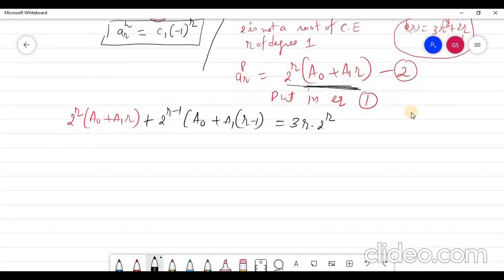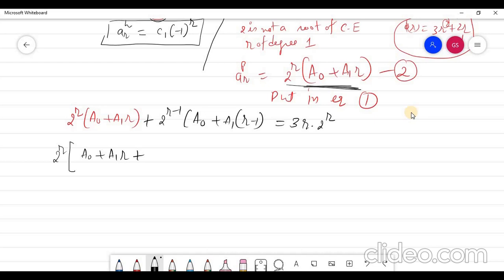Next we will try to solve this equation. Simply we can take the common factor 2 raised to power r. Inside we get a0 plus a1 r plus, when we take the common 2 raised to power r, how can we make it 2 raised to power r? By dividing by 2.